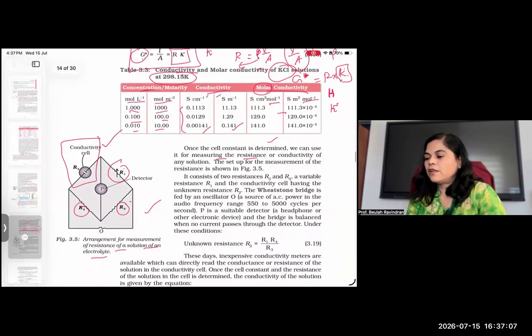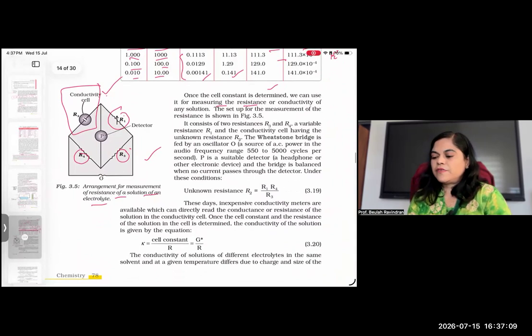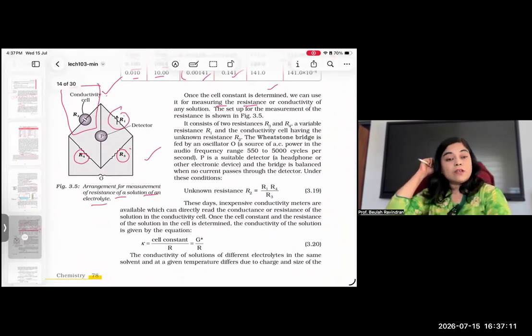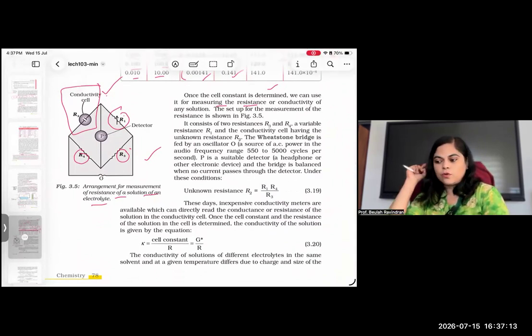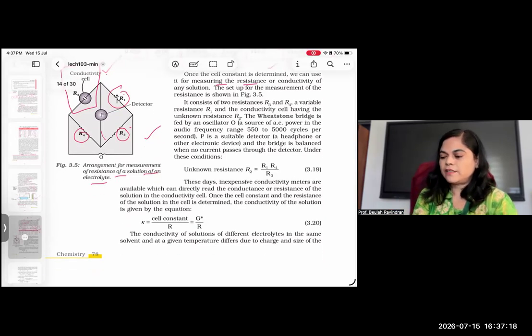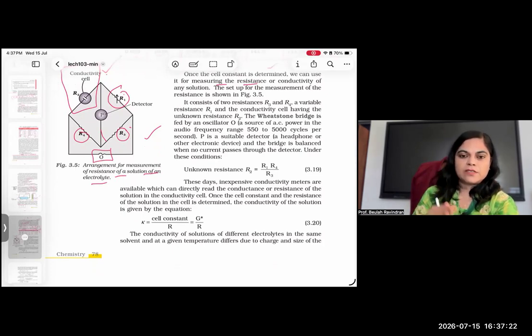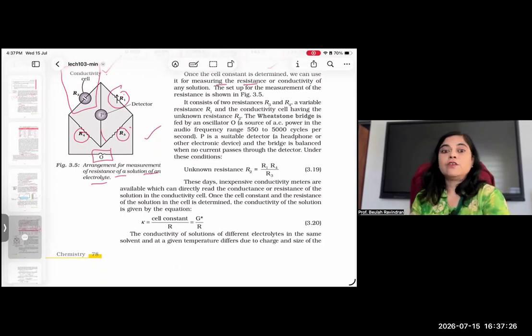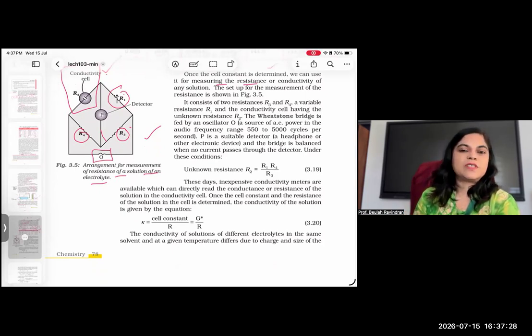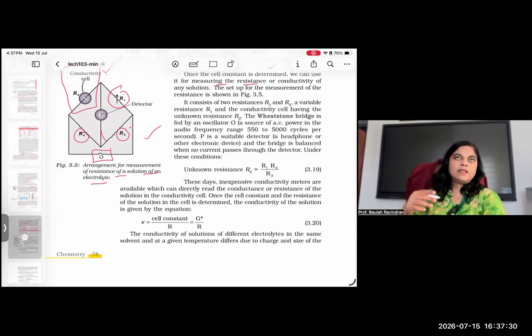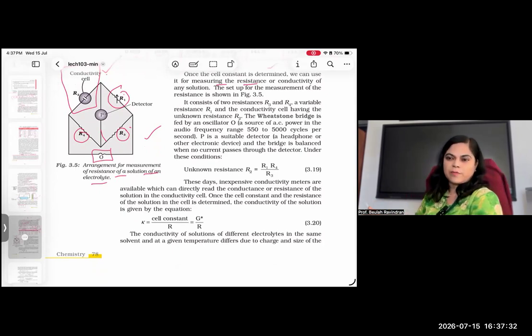Now the Wheatstone bridge is fed by an oscillator O, a source of AC power supply. From the oscillator, AC voltage is generated. You're going to learn about all these types in AC, alternating current, in the seventh chapter of physics.